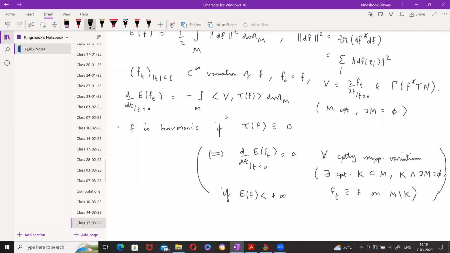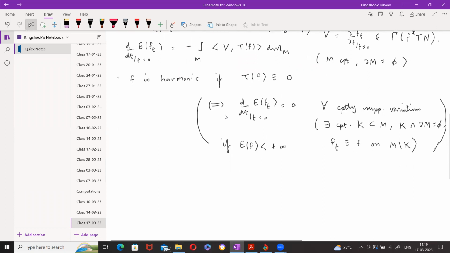Okay. Fine. So now, as examples, let's take a curve gamma in a Riemannian manifold M. What is the tension field of gamma?